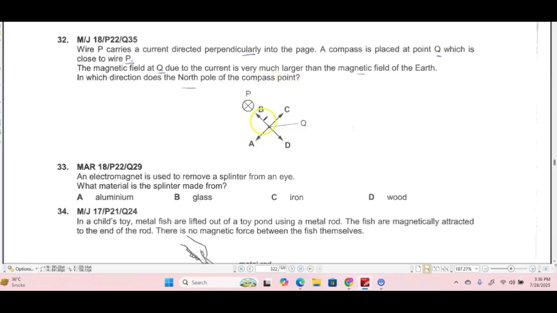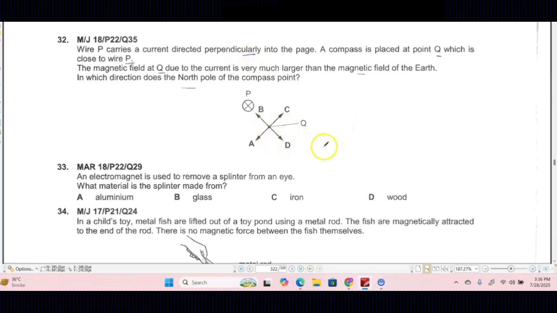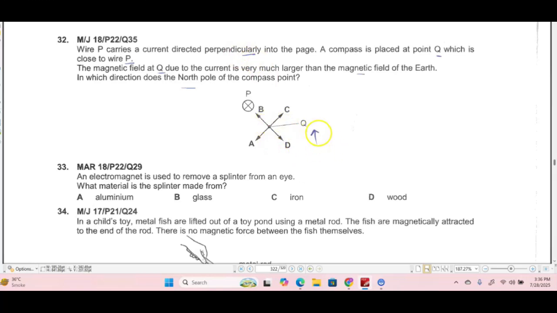The current is into the page. The compass is over here, and wire P is here.